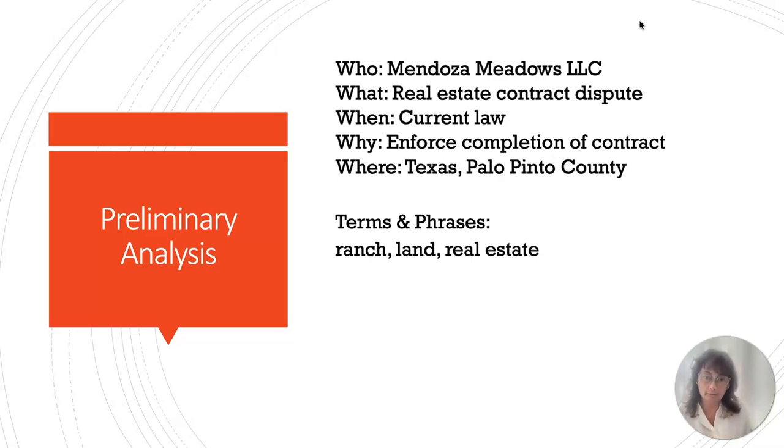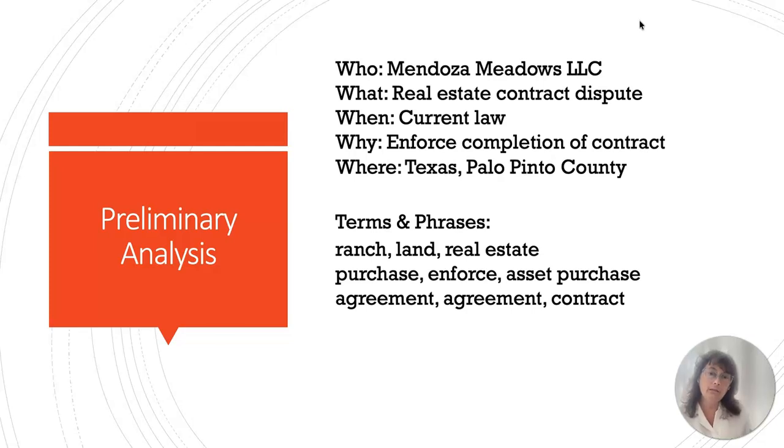And then the what and the why: the purchase, enforcement, asset purchase agreement, contract, earnest money, all of those types of phrases. And then as you start going through the secondary sources, you'll start identifying alternate terms.